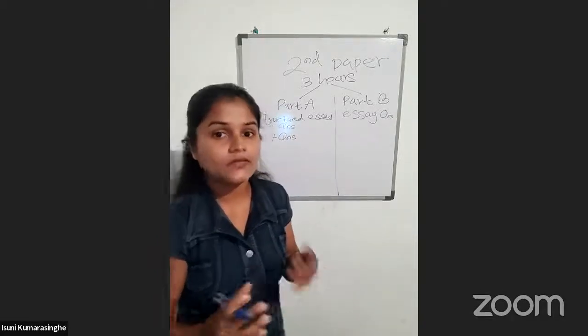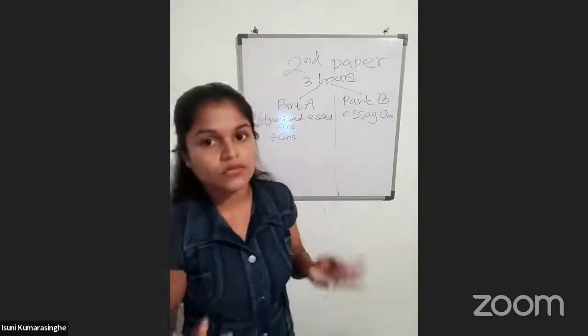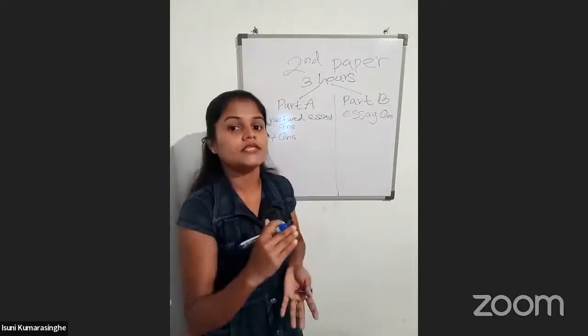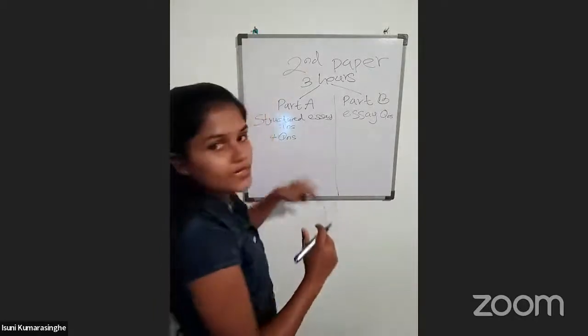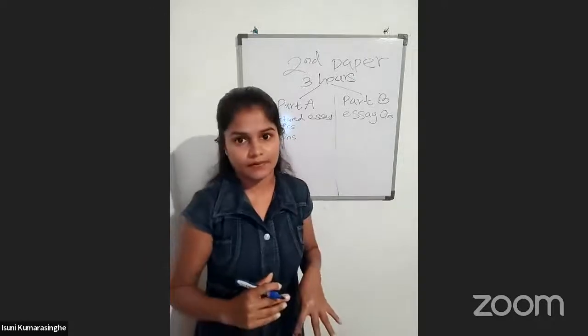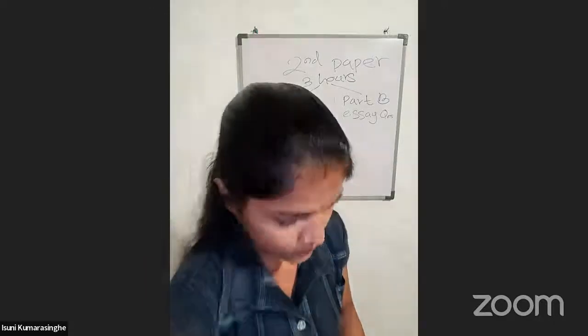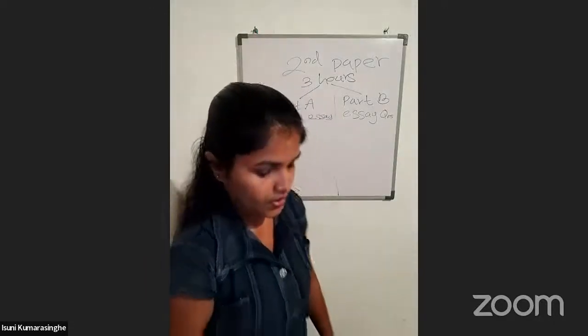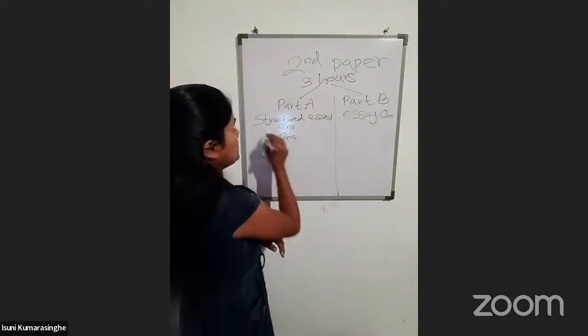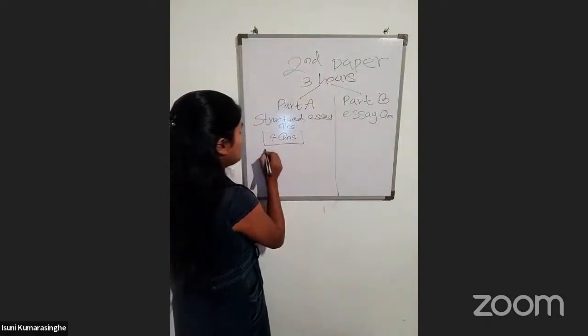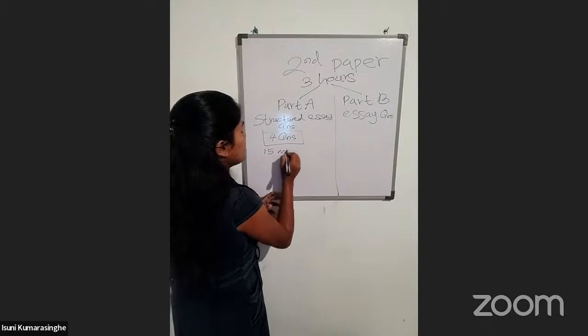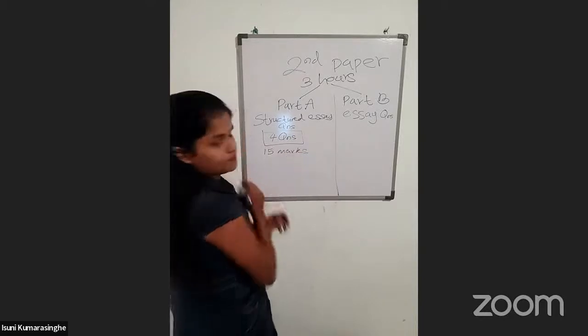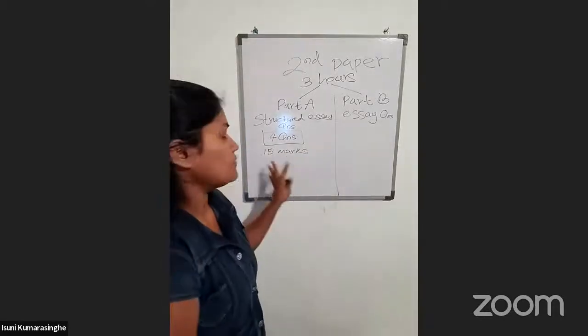When you practice with model papers and past papers, always try to organize your answer according to the space given in the paper. Understood? Then, for the 4 questions, you are given 15 marks for each.